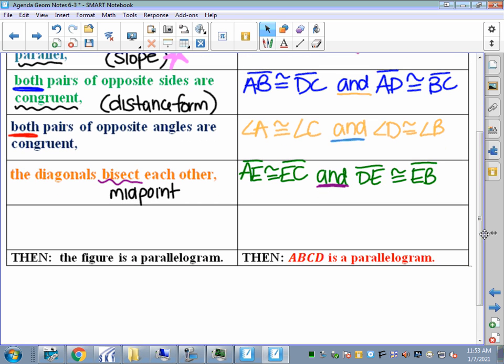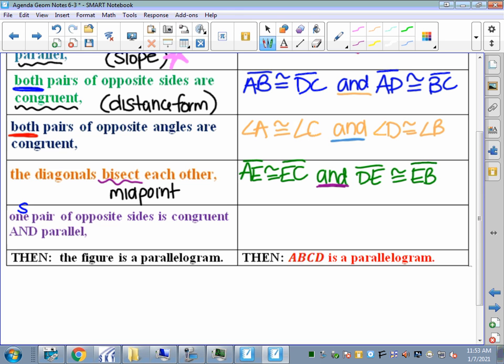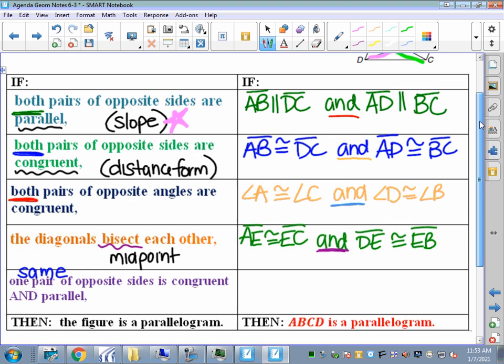Last reason that a quadrilateral is a parallelogram is if one pair of opposite sides is congruent and parallel. The same pair of opposite sides is congruent and parallel. I'll put same right here. So we could say opposite sides, parallel and congruent.